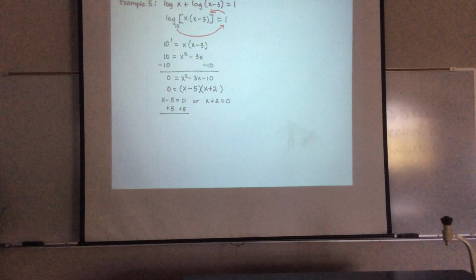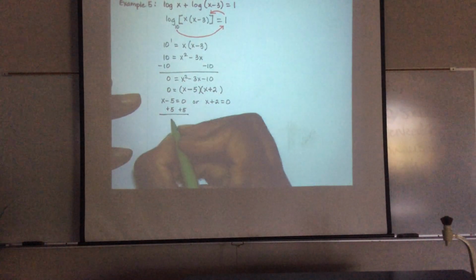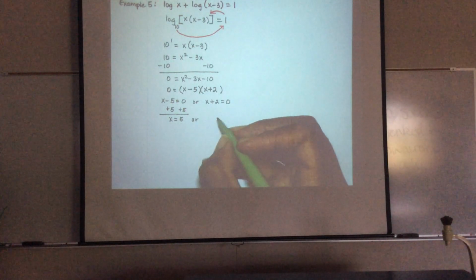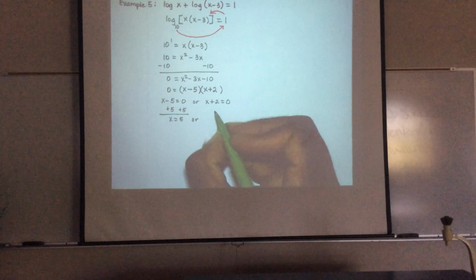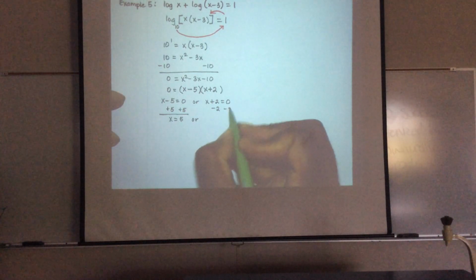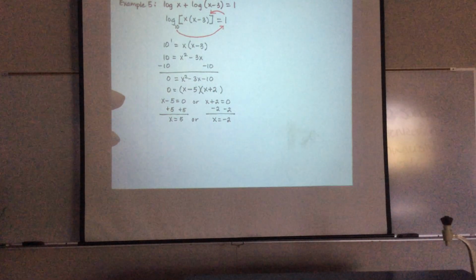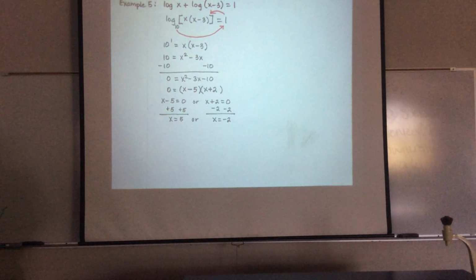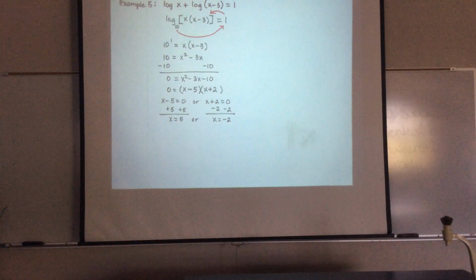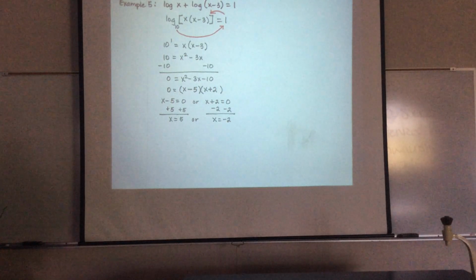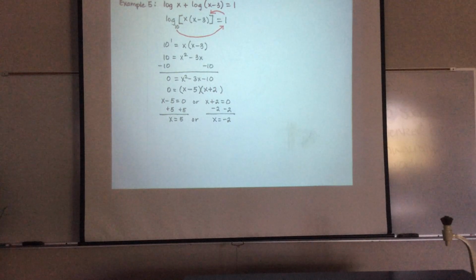So for the x minus 5 equals 0, if I add 5, you're going to get x is equal to 5. Or for the x plus 2 is equal to 0, if you subtract 2, you'll get x equal negative 2. So x equal 5 or x equal negative 2 would be my proposed solutions for that logarithmic equation.